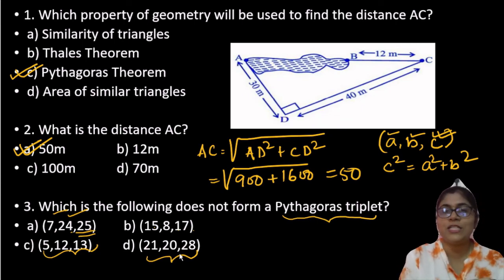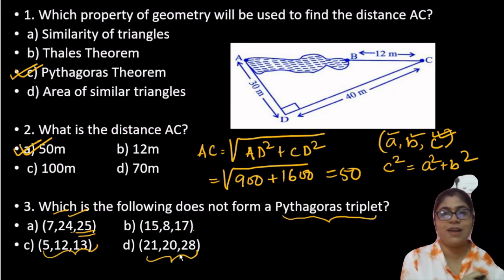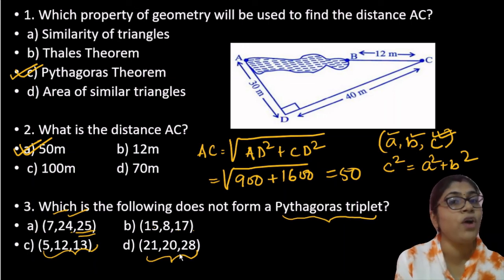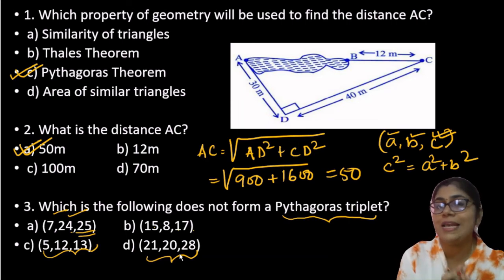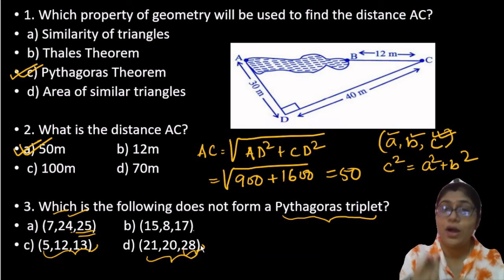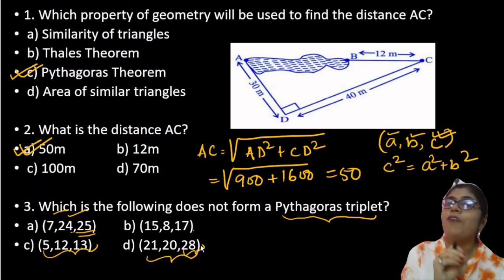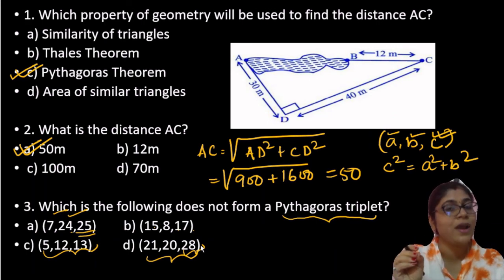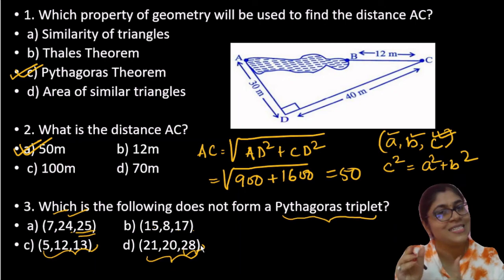So 21 square is 441 and 20 square is 400. So by adding we'll get 881 and 28 square. Before counting or remembering 28 square, you know the last digit of 28 square will be 4 because 8 into 8 is 64.